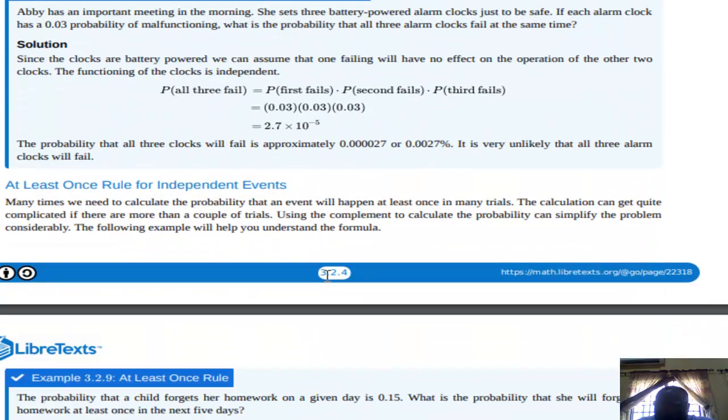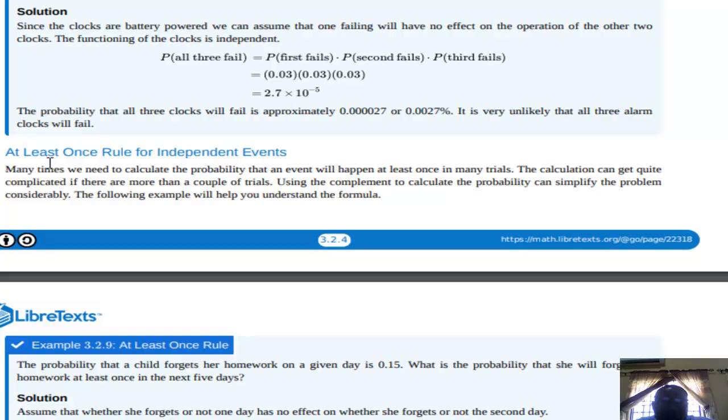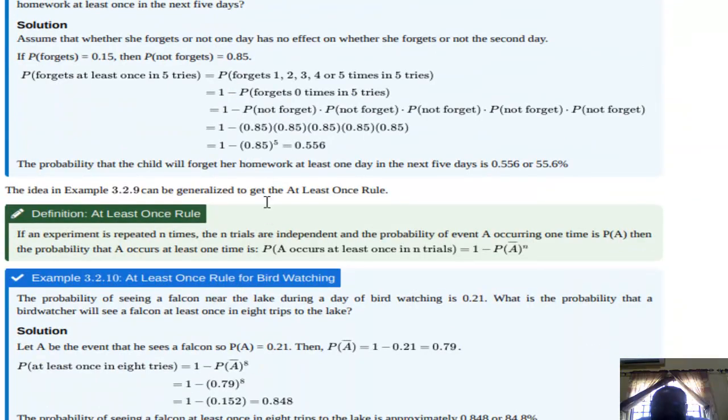Now let's look at the last one that I want to treat in this video, where they say "at least once". Assuming you have an event and you do a trial several times, they now ask what is the probability that a particular outcome comes up at least once. So how do you get that? Let's look at the definition.